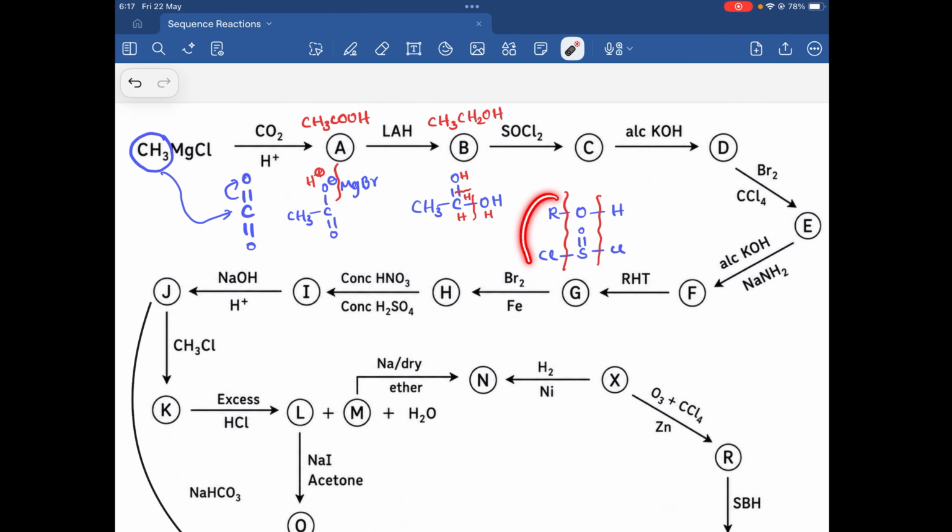We'll get RCl, HCl and SO2. So R combines with Cl. This is our product. Here the R group is CH3CH2 that combines with Cl. So the product will be CH3CH2Cl. Right?